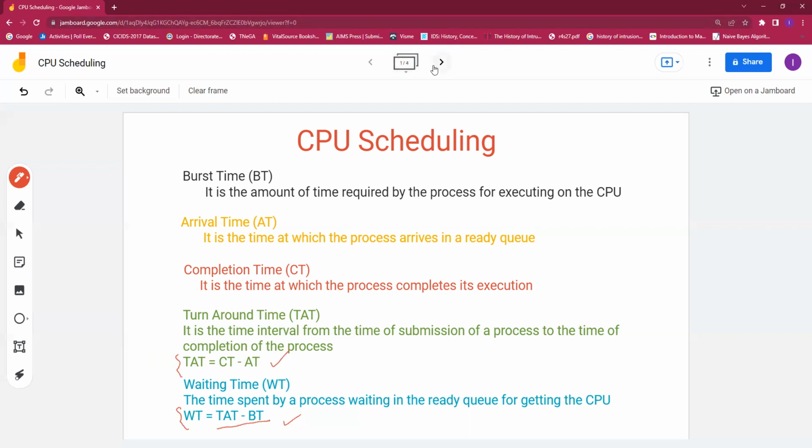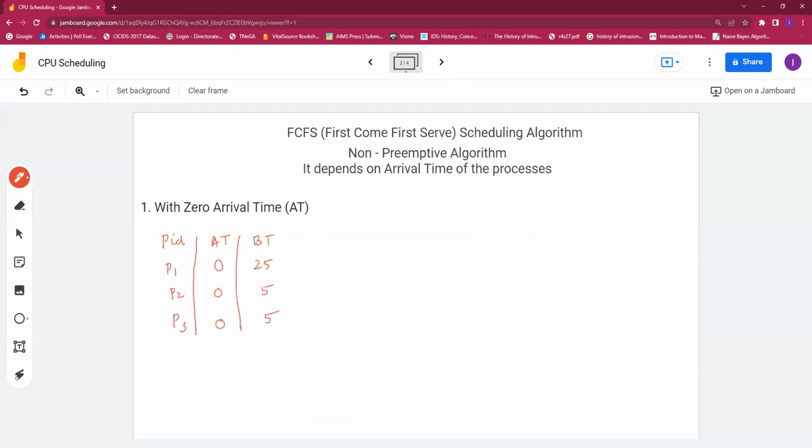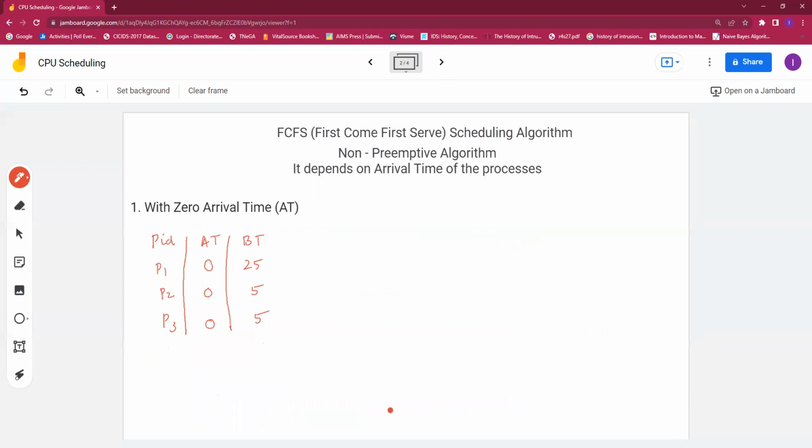So we'll see the first algorithm. The first algorithm here is the first come first serve scheduling algorithm. This is a non-preemptive algorithm. Non-preemptive means that if one process is running in the CPU, until that process finishes, it will hold the CPU.